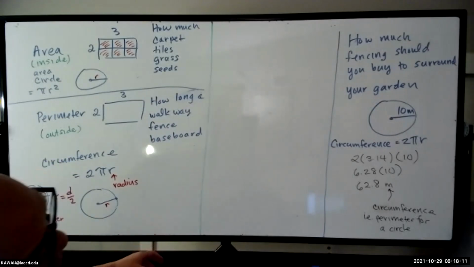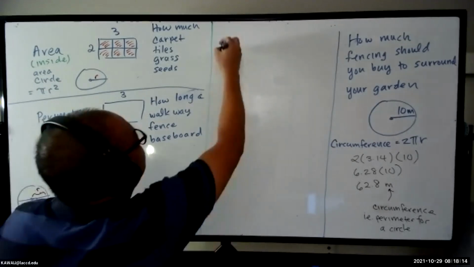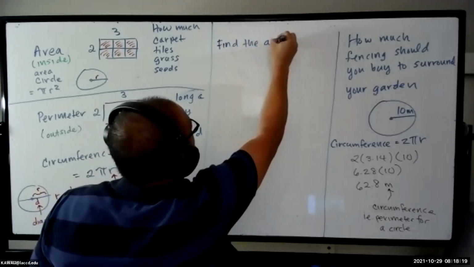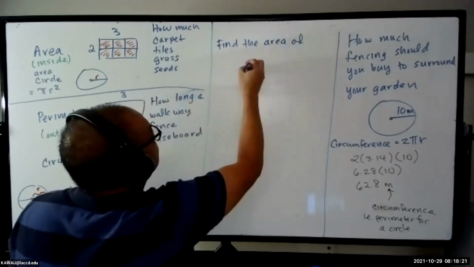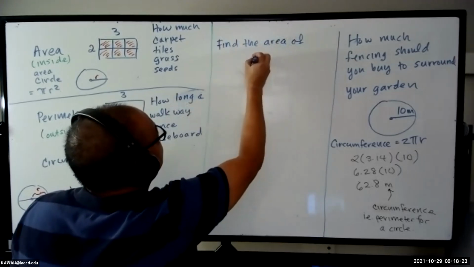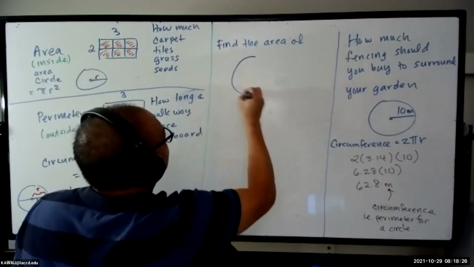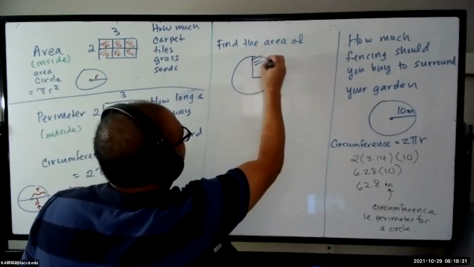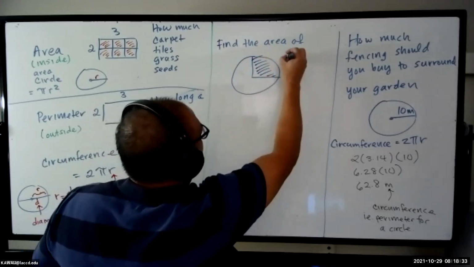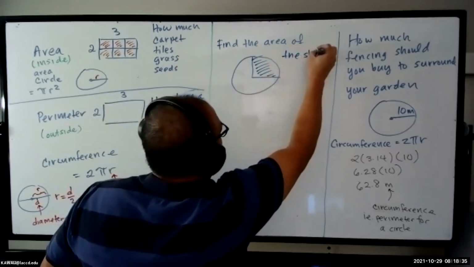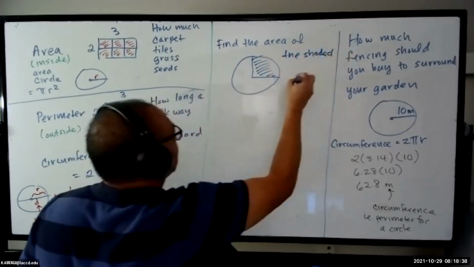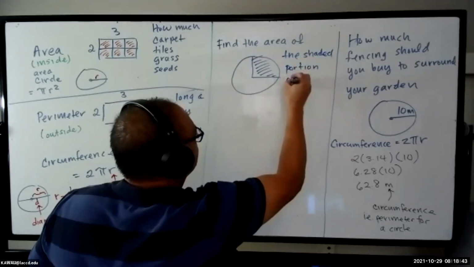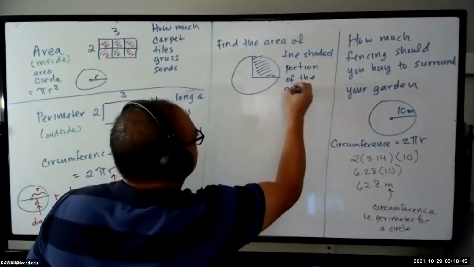So for example, they may say, find the area of the shaded portion of the circle.